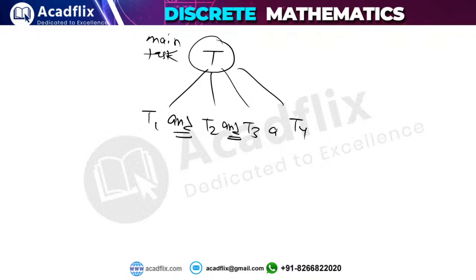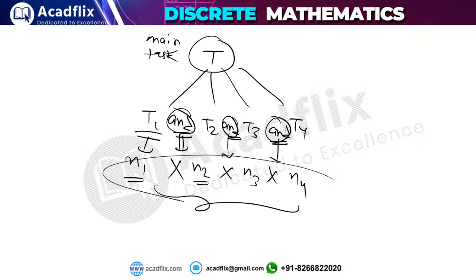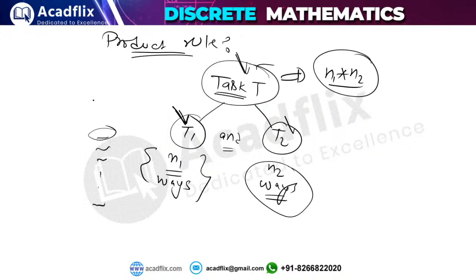Because of this AND, multiplication will come. Let's assume N1 ways are there, N2 ways are there to complete this task T2, N3 ways are there to complete this task T3, and N4 ways are there to complete this task T4. So N1 times N2 times N3 times N4 will be your final answer. So this is our product rule.